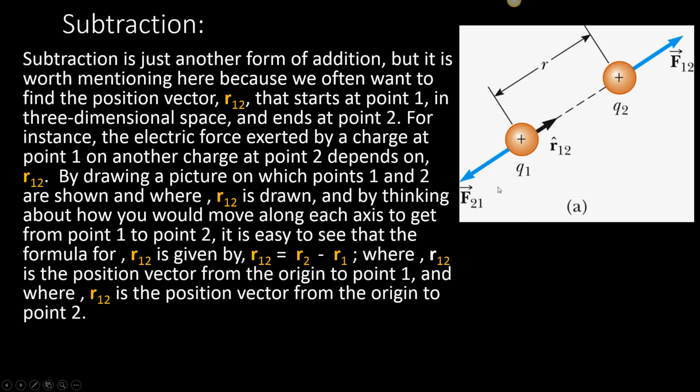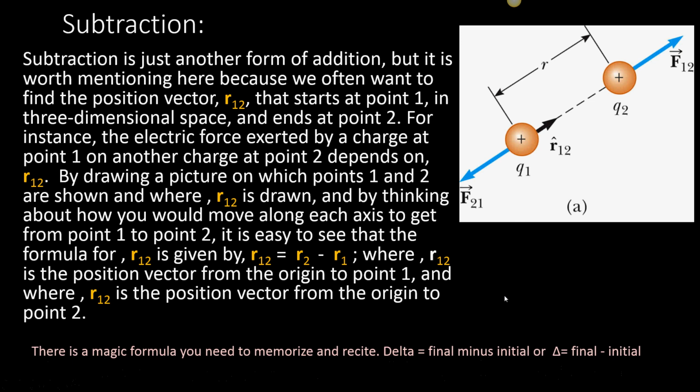Okay, that's a really important way of doing things. We'll do it a lot. So again, the formula we need to remember whenever we're doing differentials, which come to be derivatives, or if we're doing the vector that tells us of the influence of 1 on 2, it's final position or final quantity minus initial. Delta equals final minus initial.